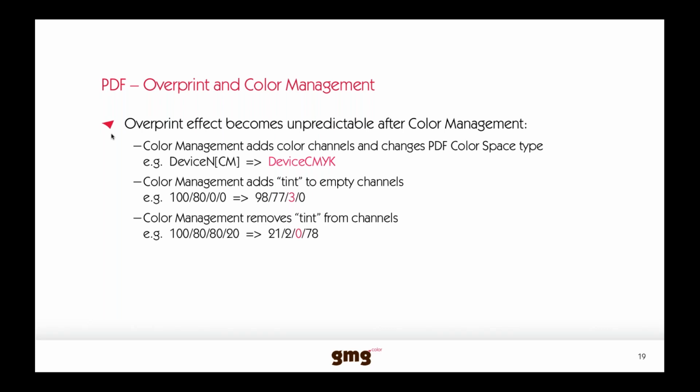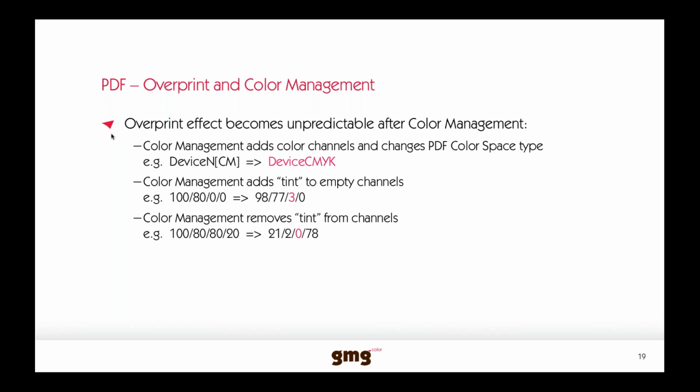If you had a look into a PDF exported from InDesign, and you measure into the PDF, it could be that you will find some DeviceN colors. DeviceN means 1 or 2 or 3 channels included, but not 4. It's not a normal CMYK, but after the color management, it's a DeviceCMYK.